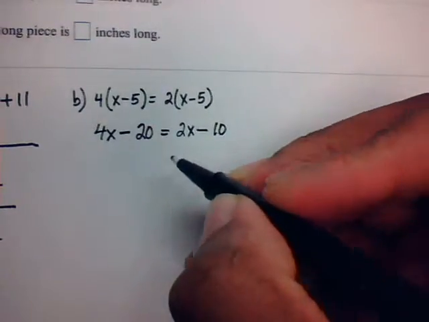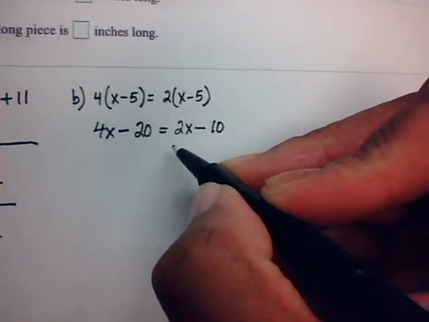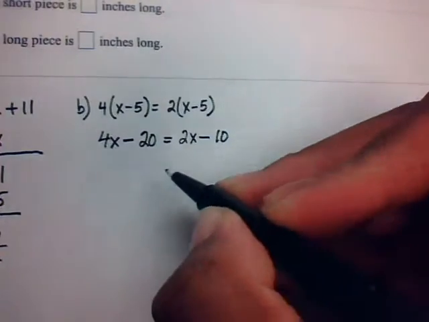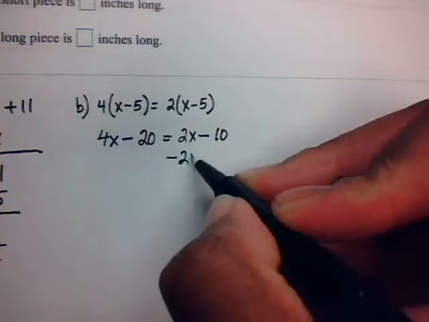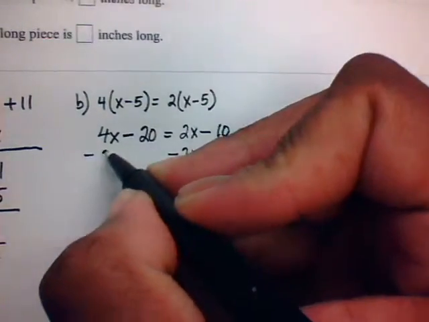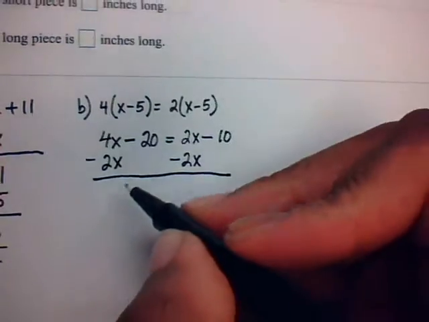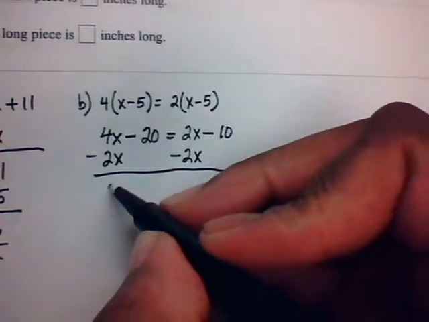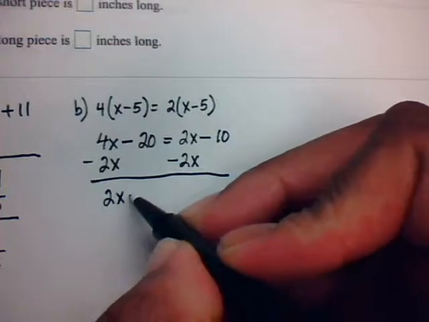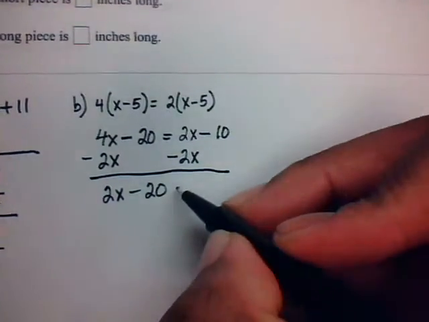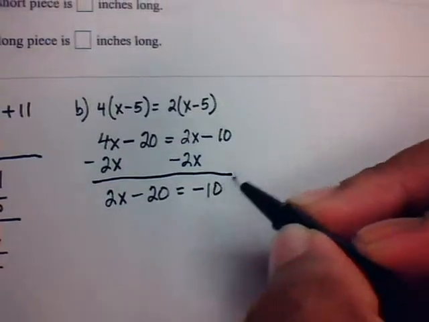Now we need to get the x's on one side and the numerical terms on the other side. Let's move the 2x over to where the 4x is by subtracting 2x on both sides. And when we do that, 4x minus 2x is 2x, minus 20, and that's equal to negative 10.